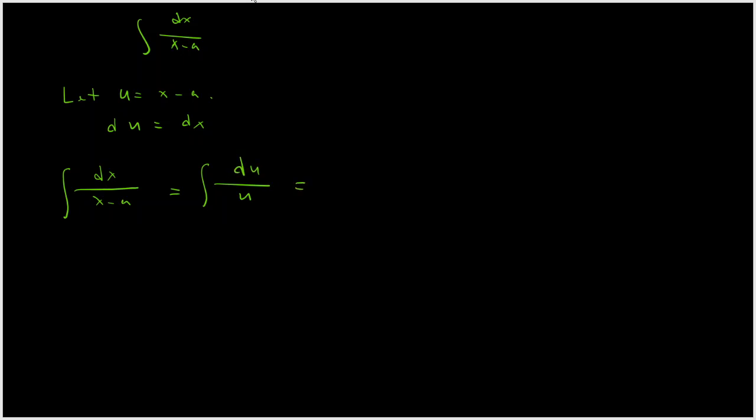Now you have an integral of 1 over u, and you have the answer to that: natural log of the absolute value of u, and then plus c. Write the answer in terms of a function of x, and then plus c. You have natural log of absolute value of x minus a, and then plus c.